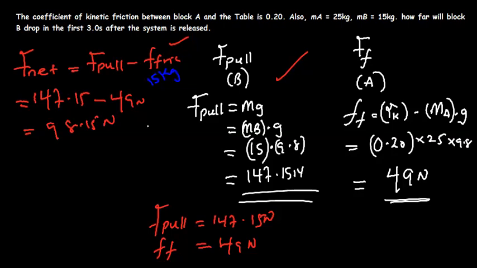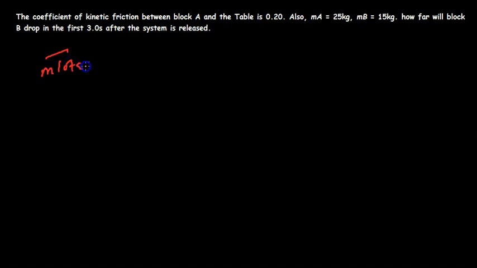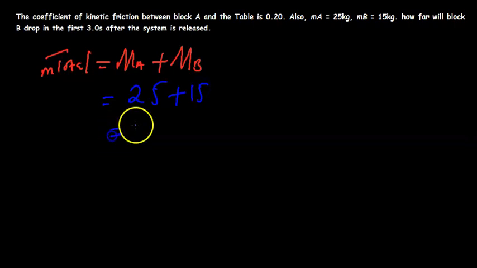So at this point, we can find the total mass. The total mass, m total, is going to be our ma plus our mb, which is the same thing as saying 25 plus 15, and the answer is simply going to be 40.